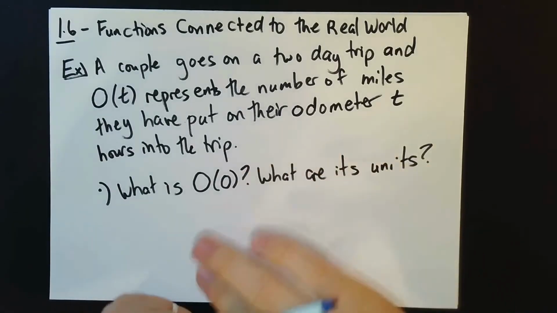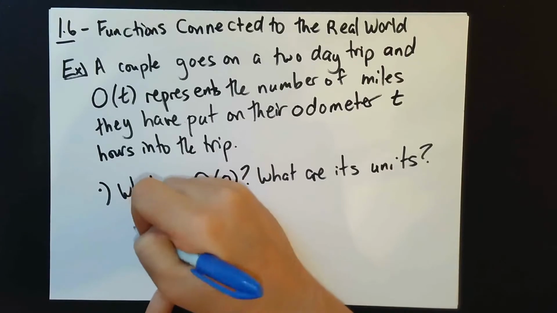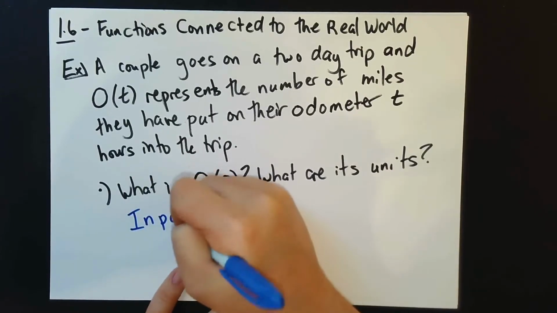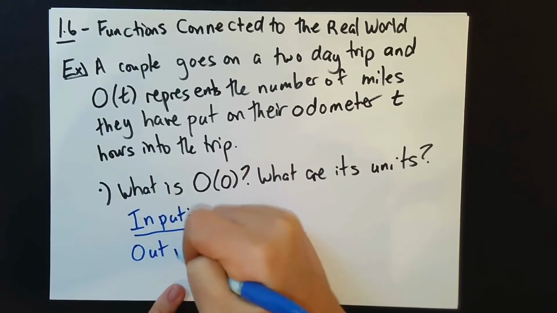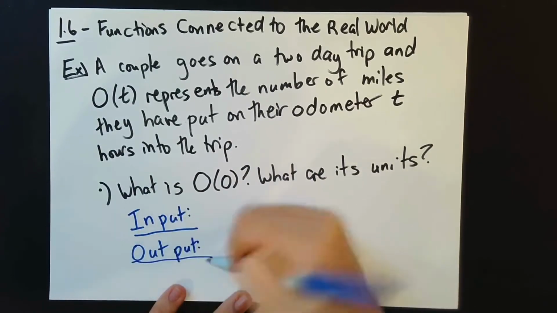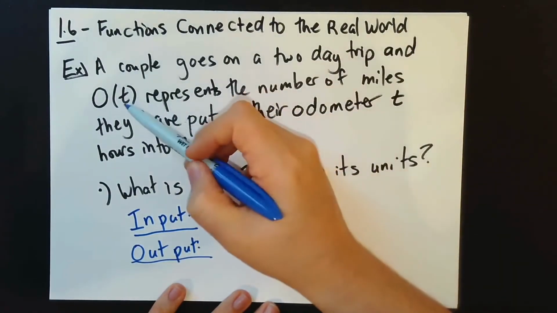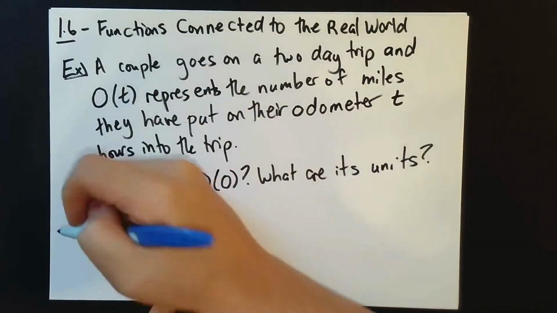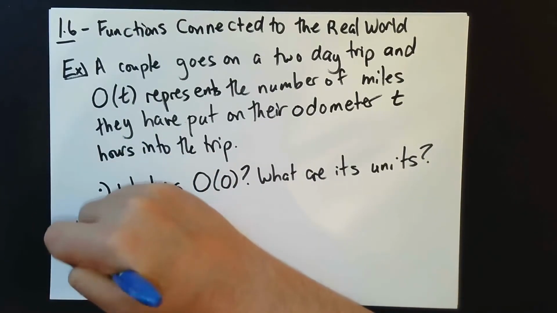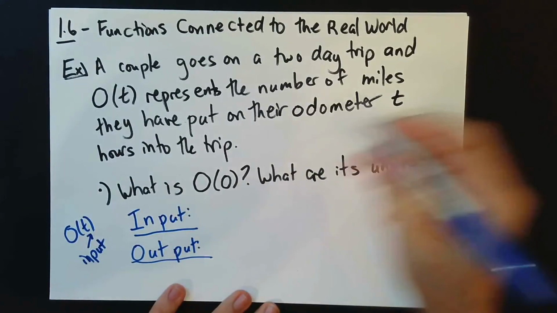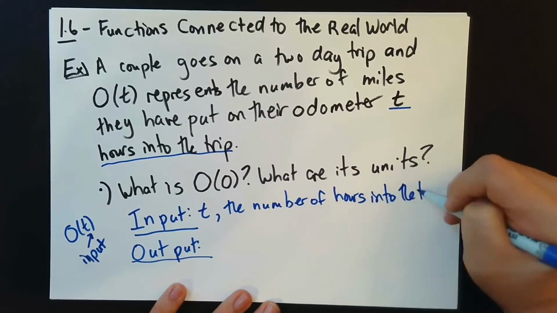But before I do that, I want to explicitly spell out what's the input and what's the output of this function. So the input here is t, right? When I have this O of t, this t is the input. And t is the number of hours into the trip.